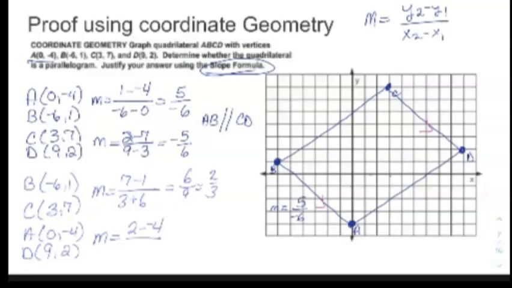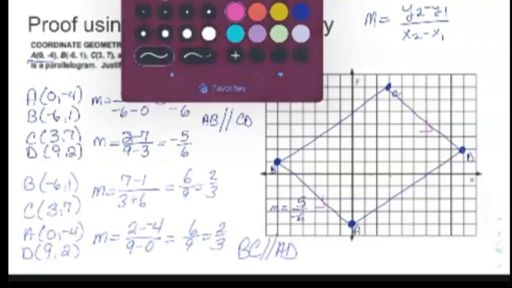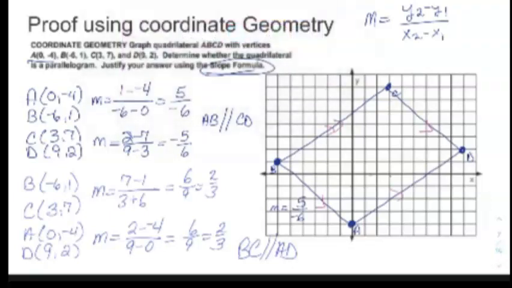Again, watch that double negative. We have now determined that BC is also parallel to AD. We could also check our distance, which we'll do for our next sample. We have now proven that we have two pairs of opposite sides that are parallel to one another. Therefore, based on the definition of a parallelogram, we have a parallelogram.